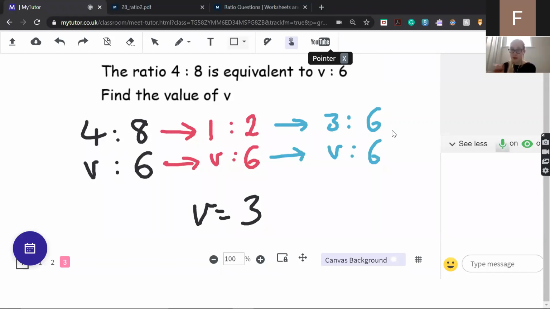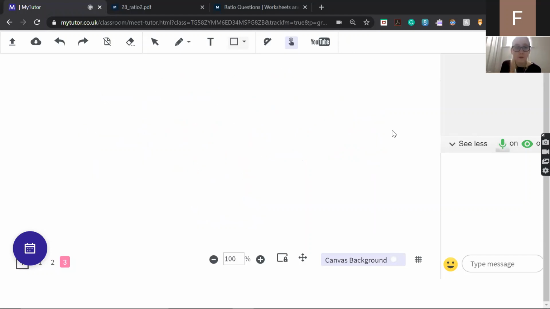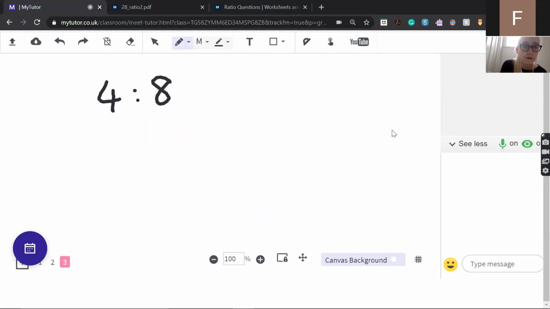Now the other way that we can do it, which is especially helpful if you have a calculator, is we'll do the same thing and we'll write 4 to 8 and V to 6. And this is nice if you have a calculator and or if the numbers are horrible. And what we can do is say that because these ratios are the same, we can make fractions that are the same. Now there's a couple of ways that we can do this.